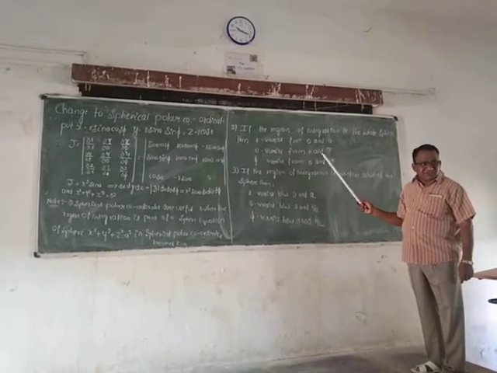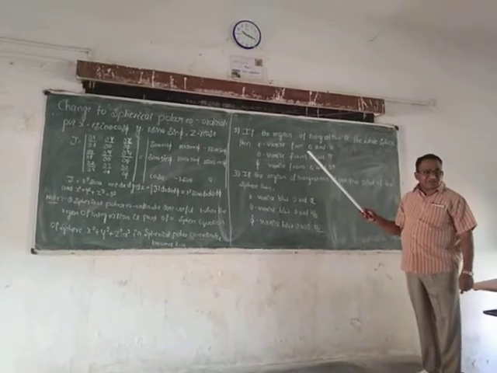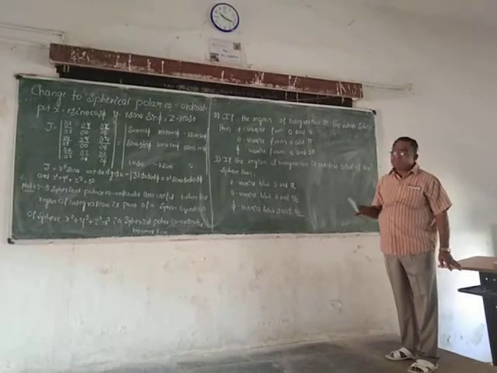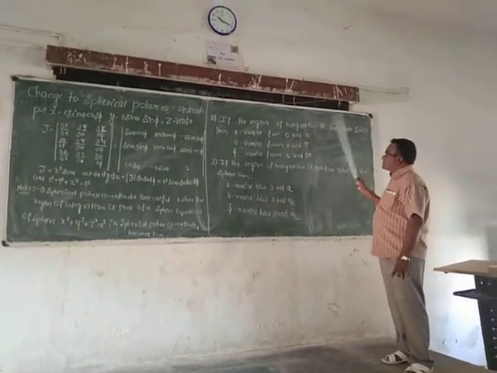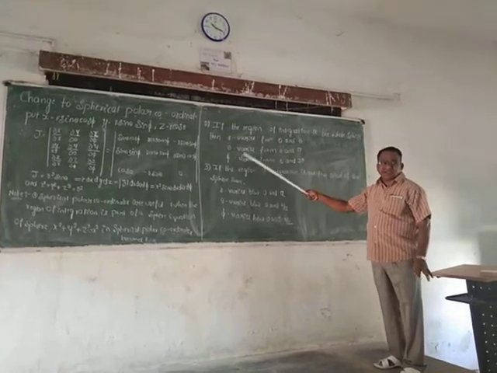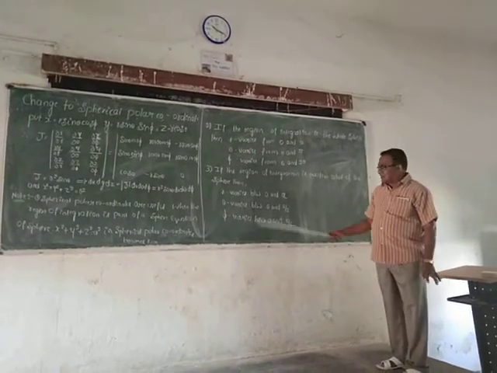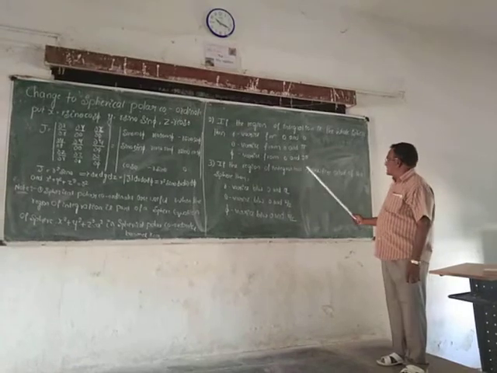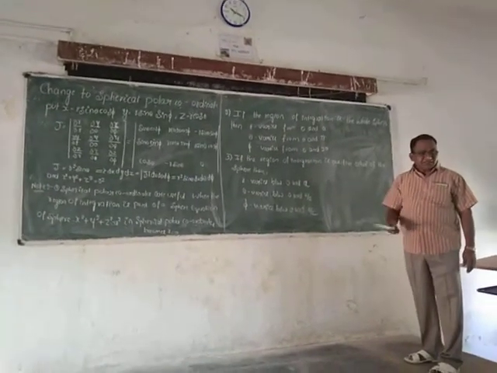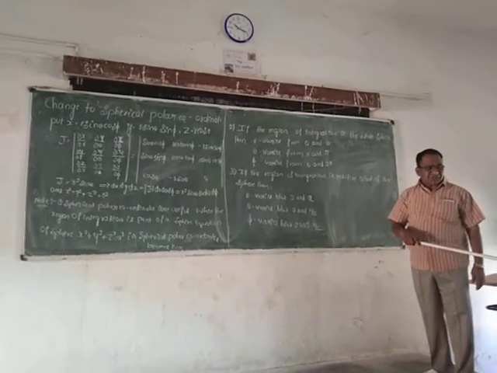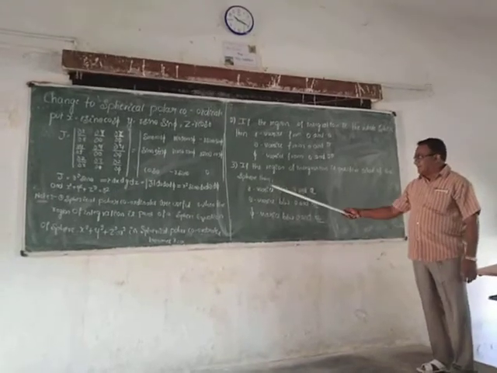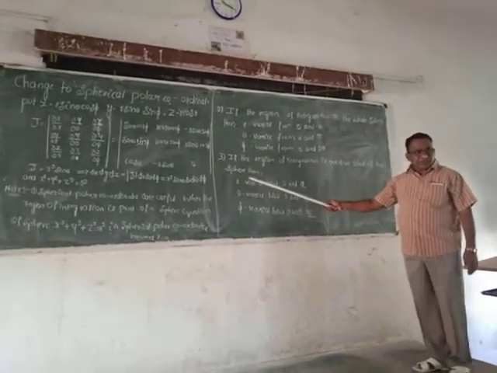When the region of integration is the whole sphere, not a part of the sphere, then the variables r, theta and phi vary like this. Next, if the region of integration is a positive octant of the sphere, I mean if the portion of the sphere lies in the first octant only, then you can note the variables.